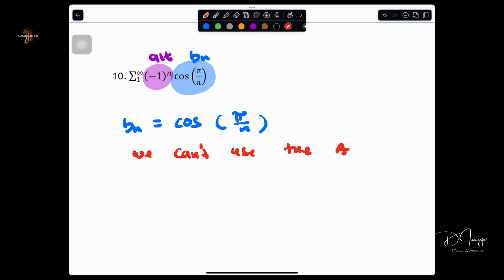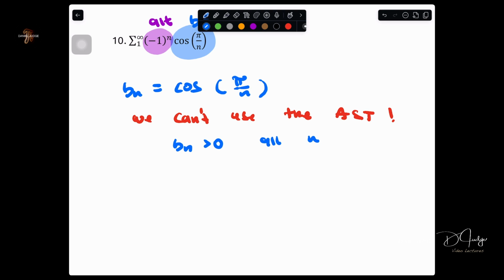So what I want to remark is we cannot use the alternating series test, because the assumption that Bn is positive for all n is not necessarily true, but starting at 3, it will be true. So we know Bn is positive for n greater than or equal to 3. However, it's not decreasing.